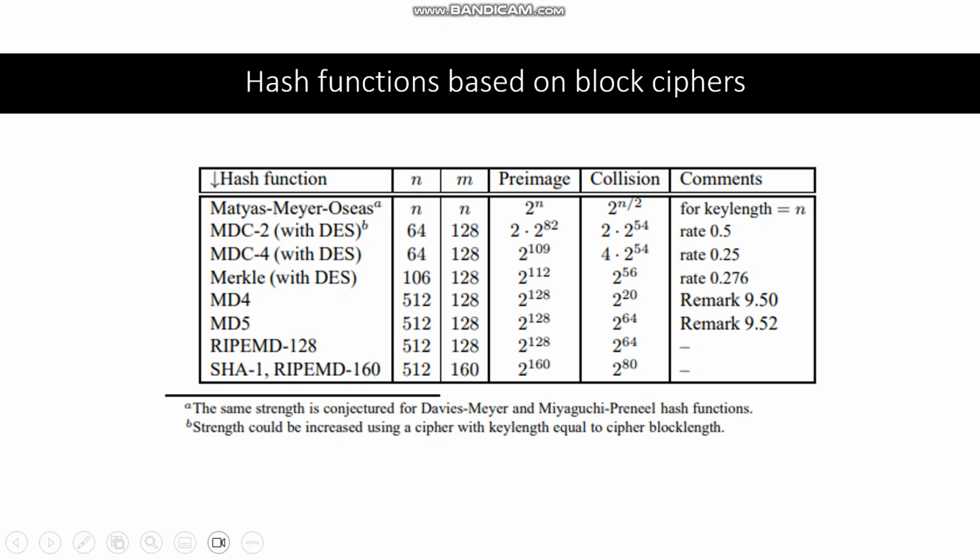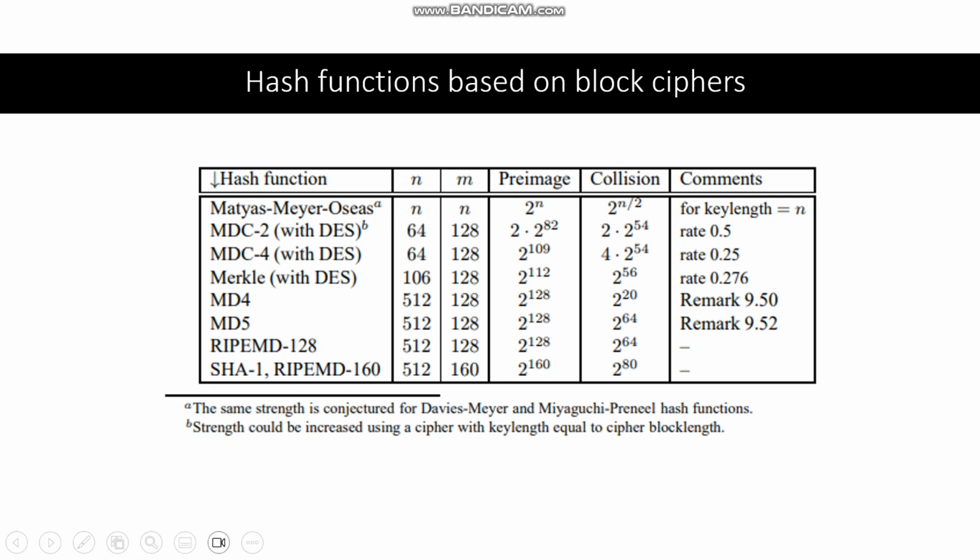Also we can see the size of the pre-image. Here for MDC2 it's 2^82, for MDC4 it's 2^109, for Merkle it's 2^112, for MD4 it's 2^128. For MD5 and RIPEMD-128, it's the same. And for SHA1, it's 2^160.